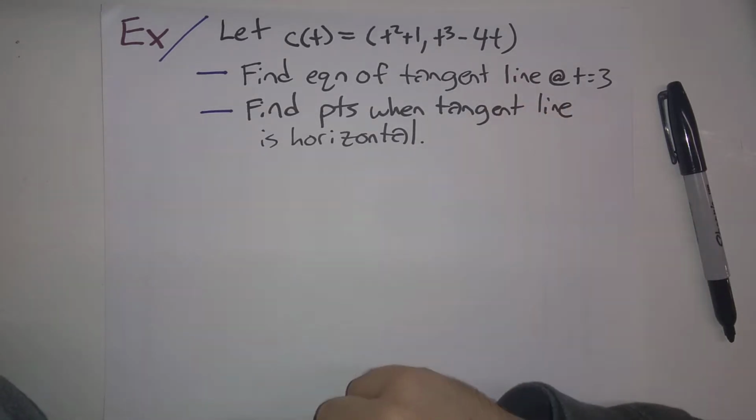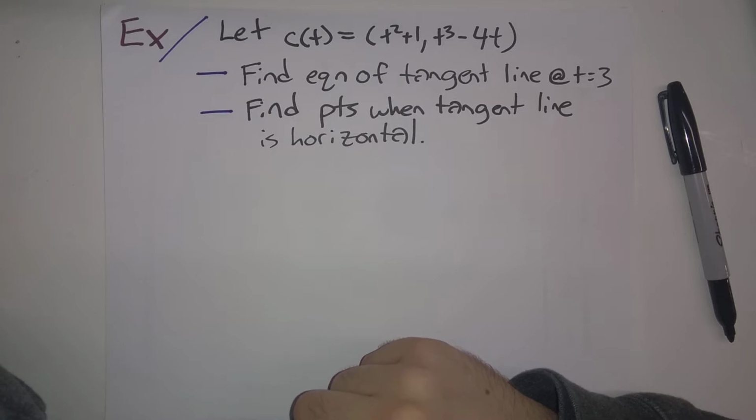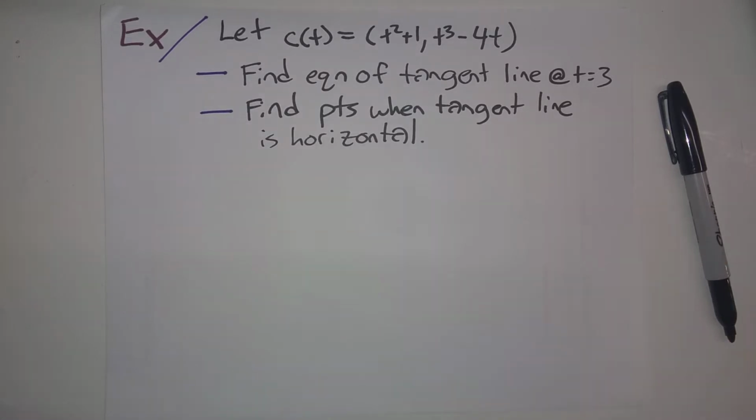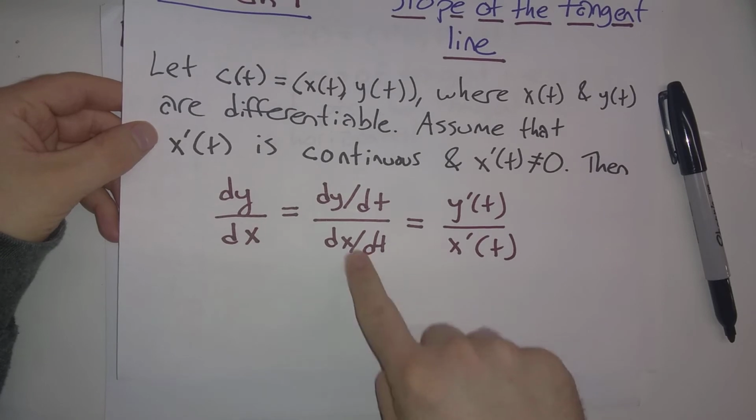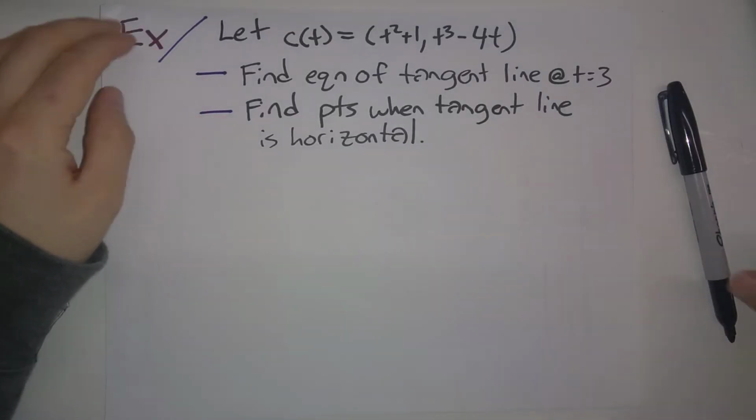So for the first part, find the equation of a tangent line. We know we need the slope, and the slope is going to be just from this. So let's calculate out dy dt and dx dt separately.